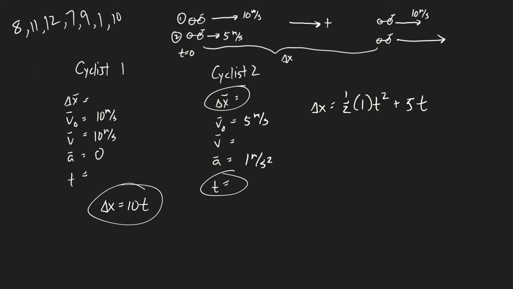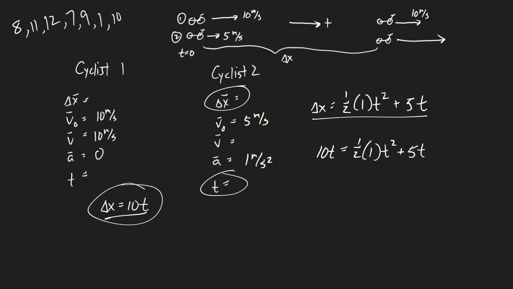All right, so I will notice that they are both solved for displacement, and although I'd like to solve for the displacement, it's easier for me to do substitution with what I have already. So I can say 10t equals 1/2 times 1 t squared plus v naught times t.